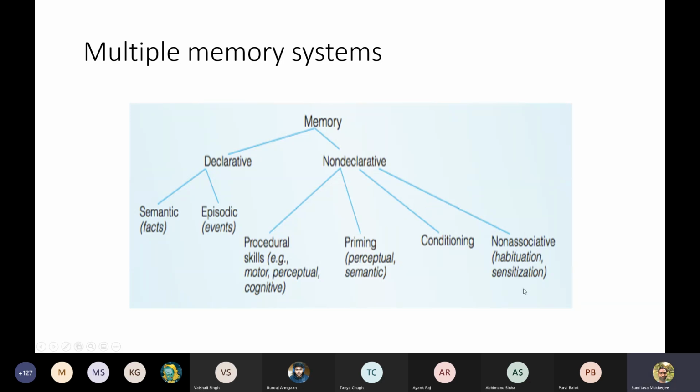Then there are other things like habituation and sensitization, which is you start habituating to a certain room temperature, for example, or to a certain sound, or even to a certain environment or certain food habits or certain timetables of your day, but you can't really easily put them in sentences.